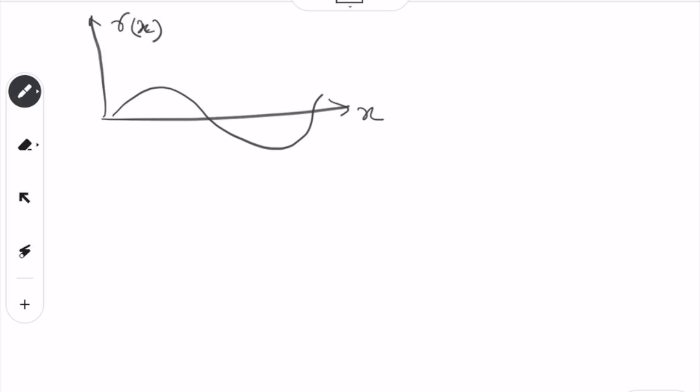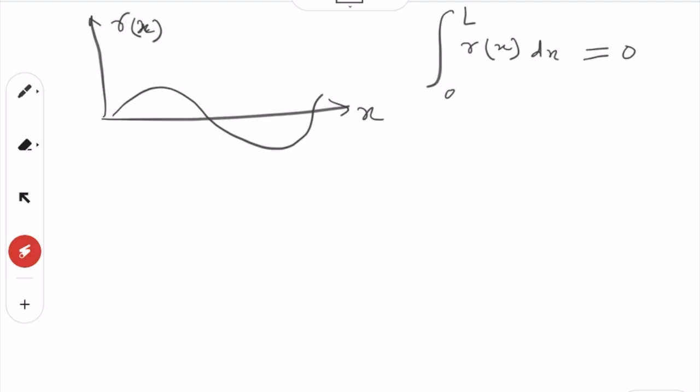What we want to do is somehow integrate the residual over the length 0 to L and make it equal to 0. That means at some portion the error will be positive, at some portion negative, but if we sum it over the domain, we will get 0. So that is one way of finding the best fit.